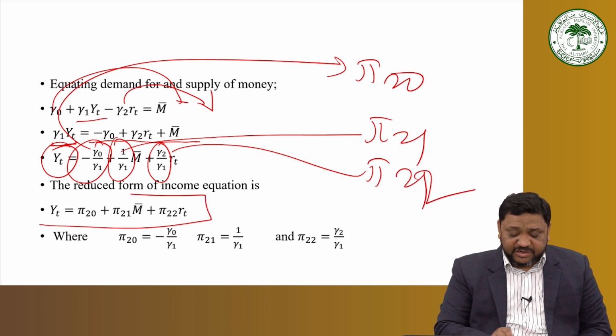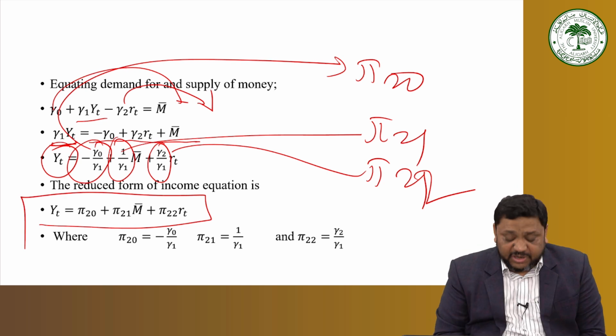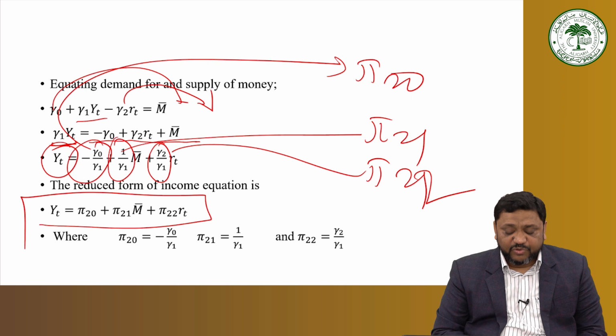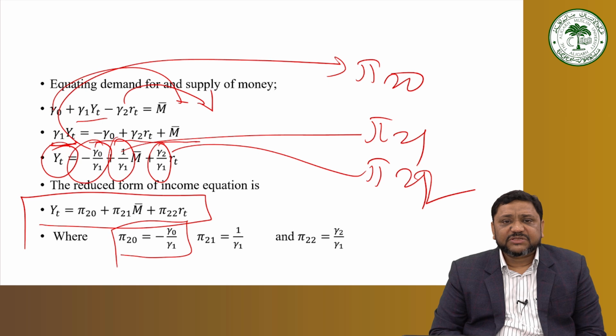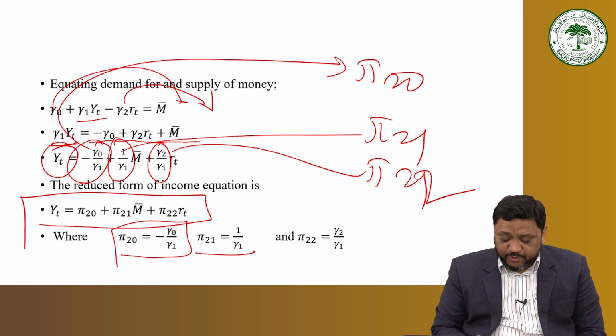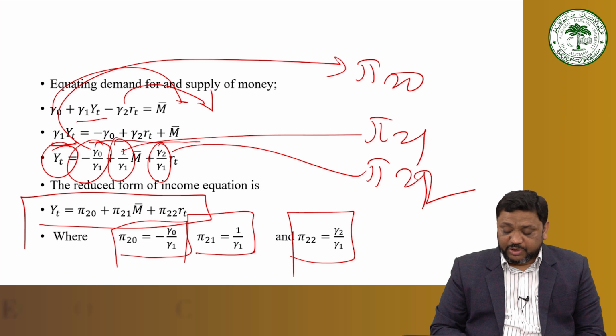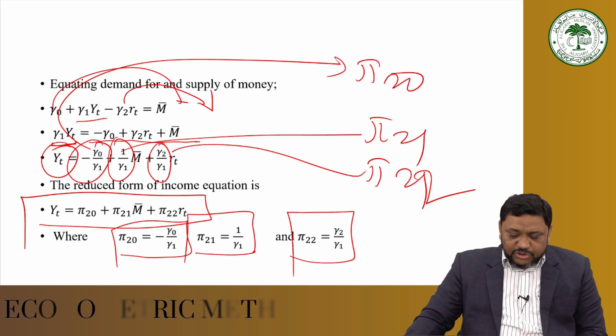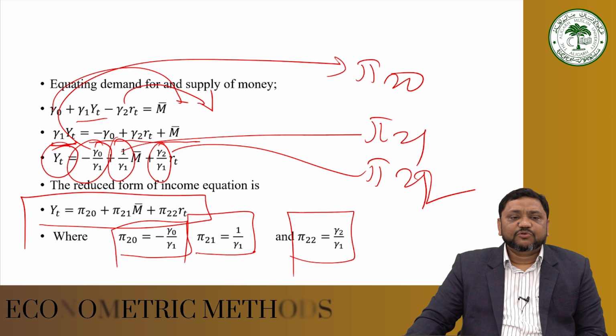So we can write the reduced form of the income equation as Yt is equal to pi 20 plus pi 21 M bar plus pi 22 RT, where pi 20 is equal to minus gamma 0 divided by gamma 1, pi 21 is equal to 1 upon gamma 1, and pi 22 is equal to gamma 2 divided by gamma 1. So this is how you get the reduced form model.